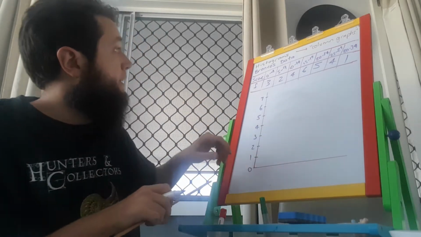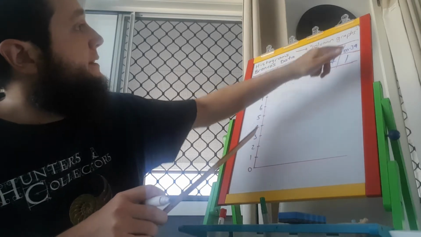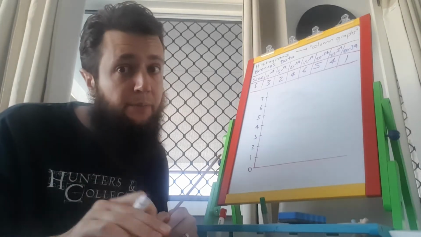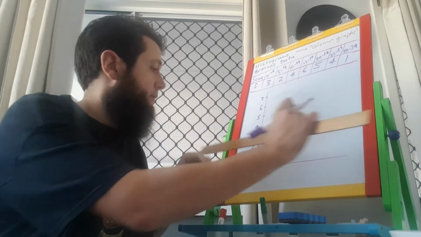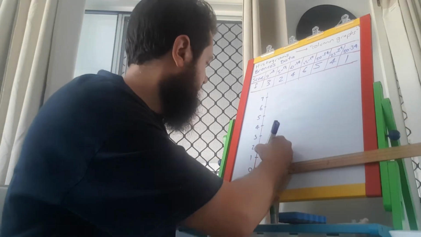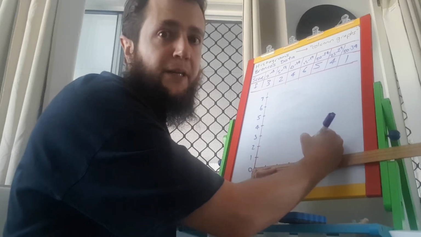On the bottom here, we need our categories. There's 1, 2, 3, 4, 5, 6, 7 categories there. So you need to leave enough space, maybe 2 centimetres a category if you're doing this in your notebook. In my case, it's going to be a bit more because I've got this big, well, not that big board to do it on.